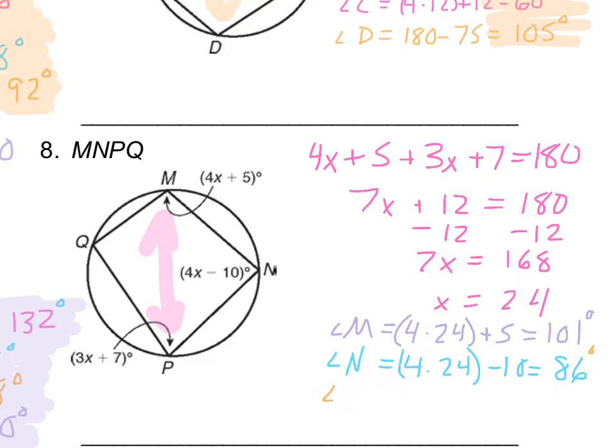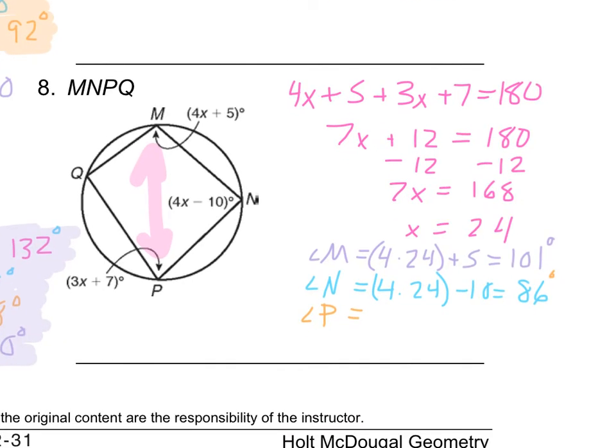Next, we can plug it into angle P. So we have 3 times 24 plus 7. 3 times 24 is 72, plus 7 is 79.